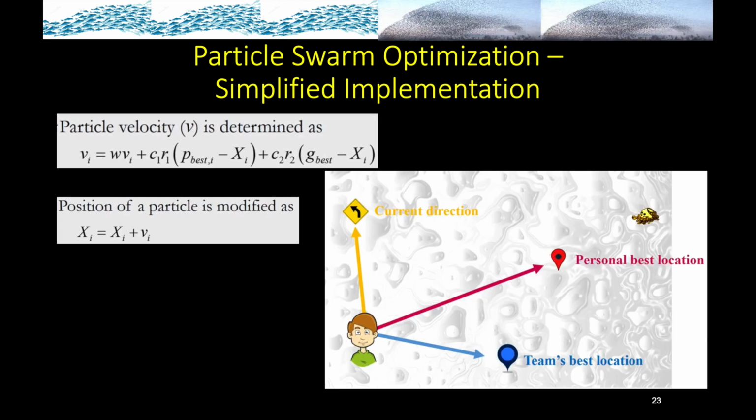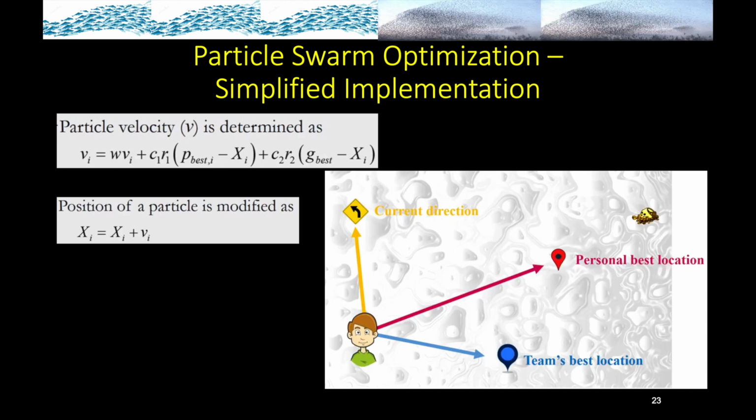His personal best location is given by the red arrow, and the team's best location is given by the blue arrow. And I think the vector representation is very helpful in understanding how the velocity is changing and what are the components and the effects of each component in the overall equation.